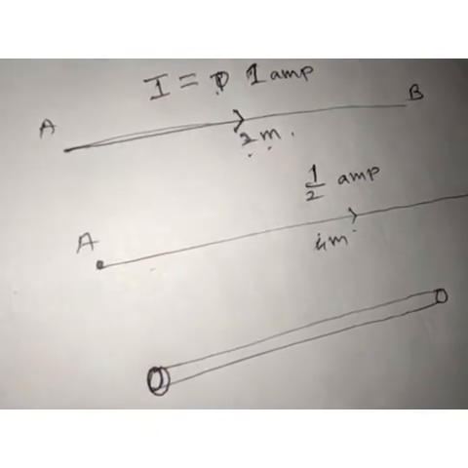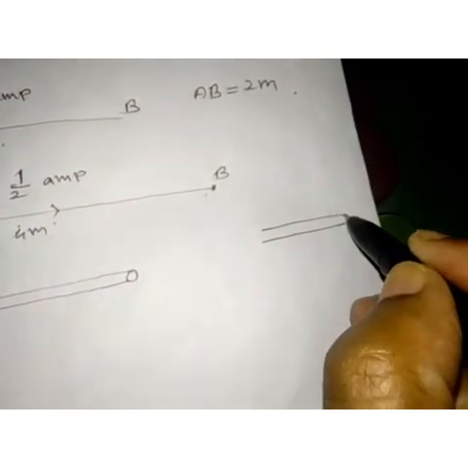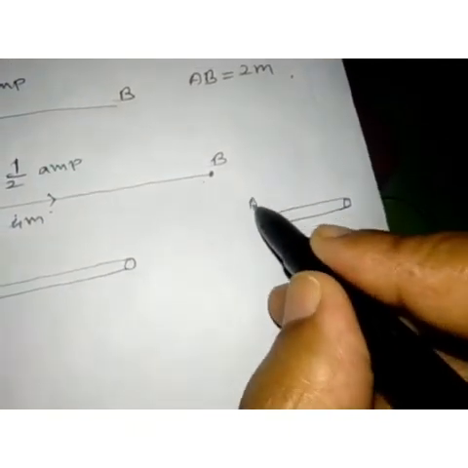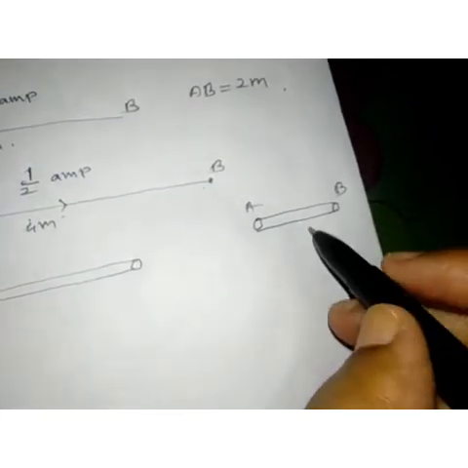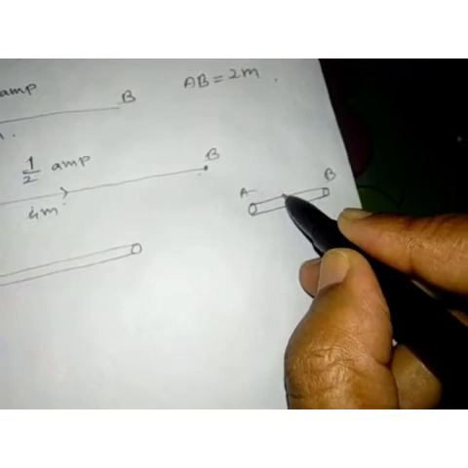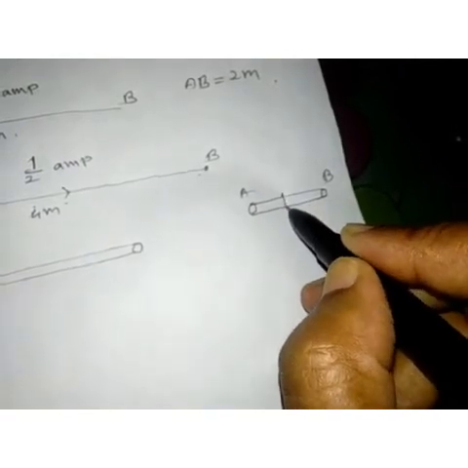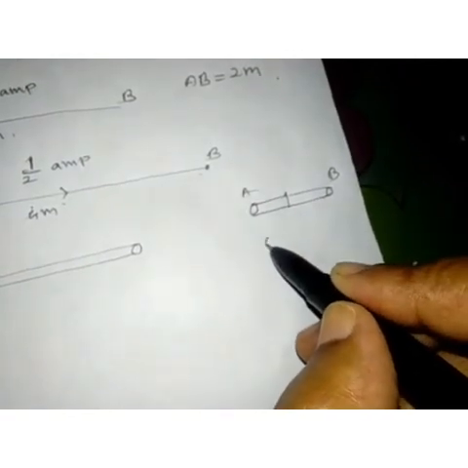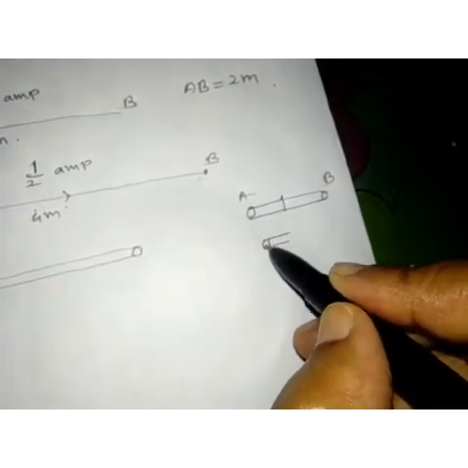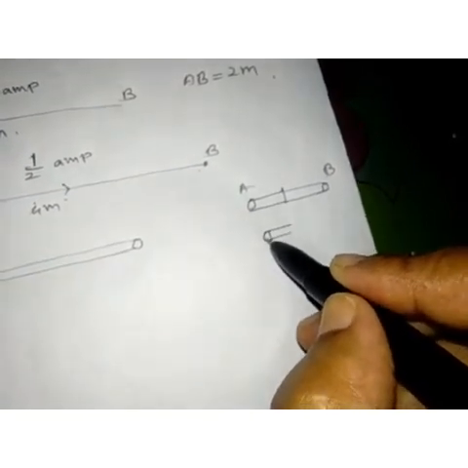Suppose this is a wire AB. If you cut it at this position, then the shape will become like this. This is called the cross section. This position is called the cross section.